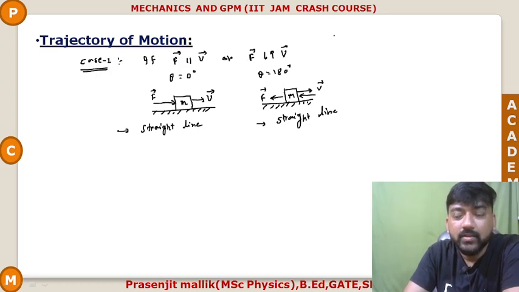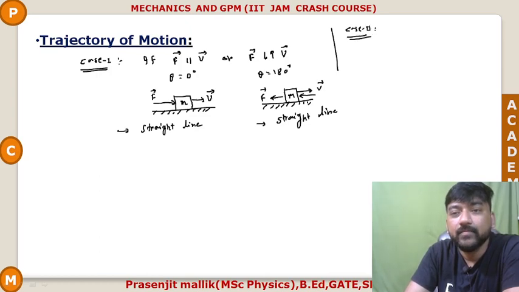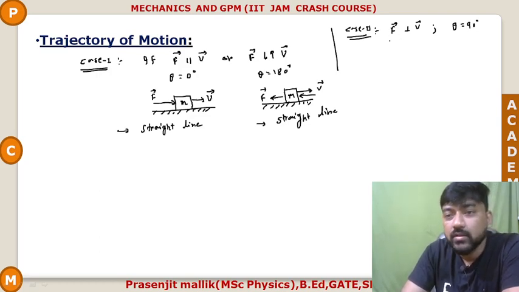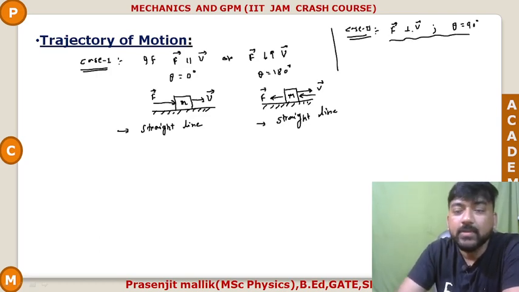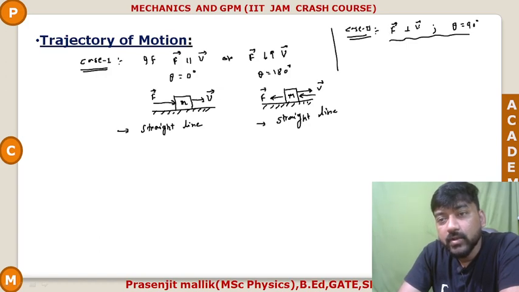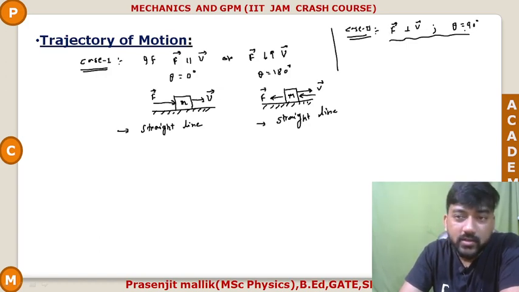And case 2, let me tell you about when F is perpendicular to v. That means the angle between F and v is just 90 degrees. So what kind of motion will there be if F is perpendicular to v? When we say F is perpendicular to v, that means the angle between force and velocity is always 90 degrees.